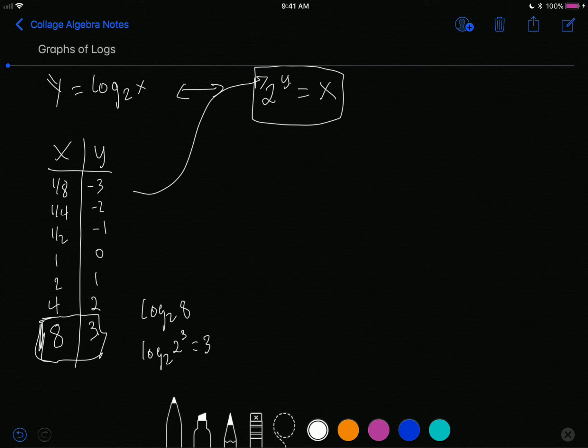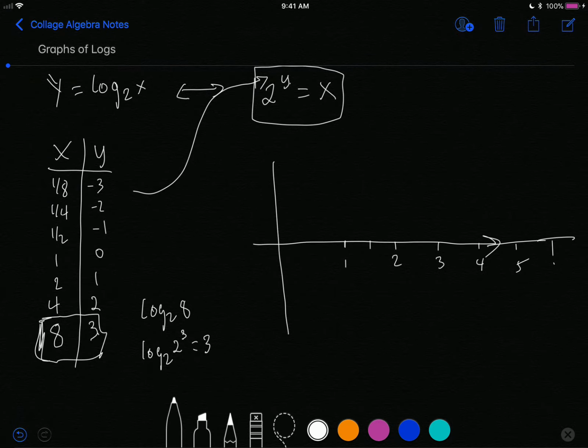Now if I was to graph this function, so let's say right here, 1, way out here, then 2, 3, 4, 5. Will I get to 8? No, I won't get to 8.